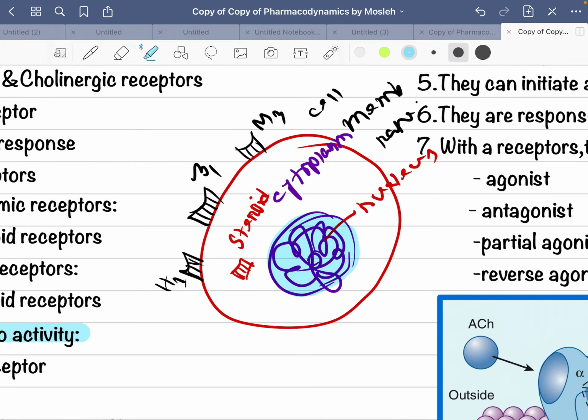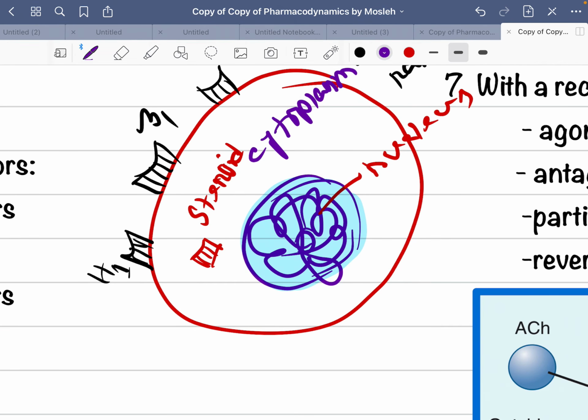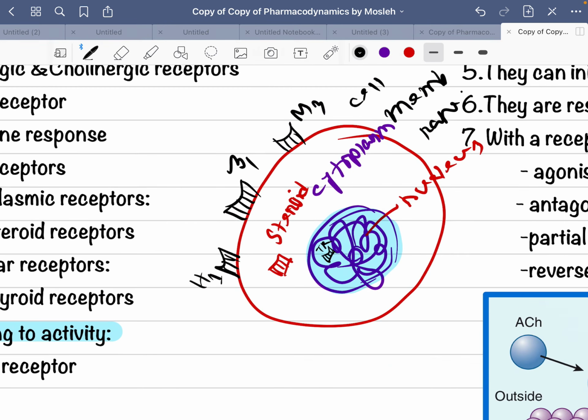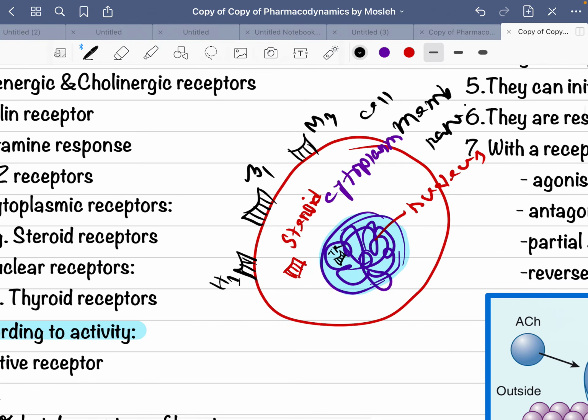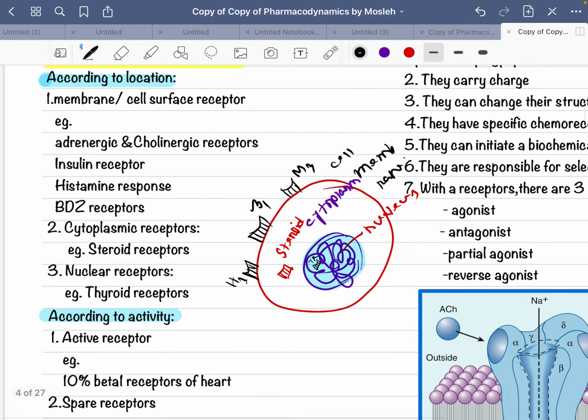We will discuss elaborately about the thyroid receptor later. So in the nucleoplasm the thyroid receptor is located. So there are the cell membrane attached receptor, cytoplasmic receptor, and nuclear receptor. So according to location we will find 3 types of receptors.